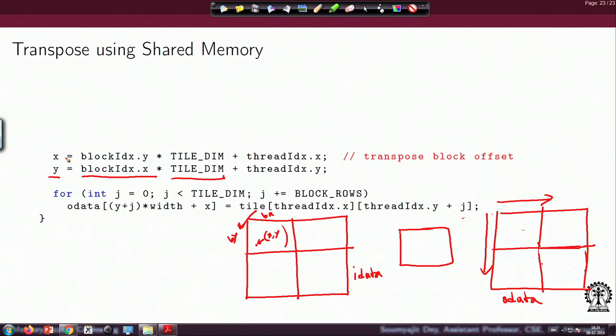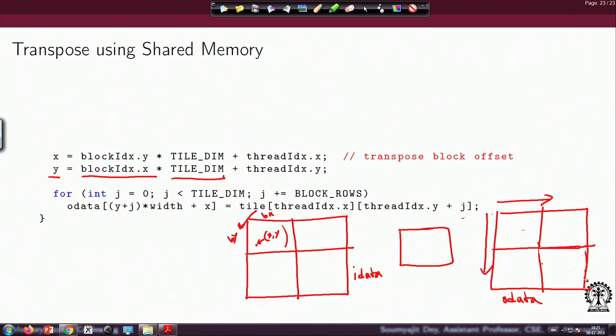But when I am calculating the xy position, I do not change the original position relative to the block. Let us understand what it means. Fundamentally speaking, if this was my xy position, then what should the actual transpose position be?